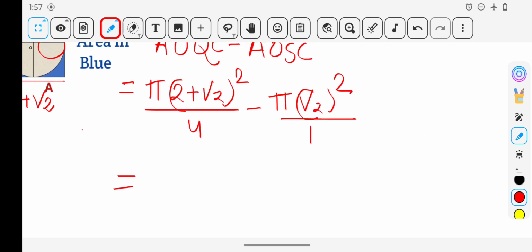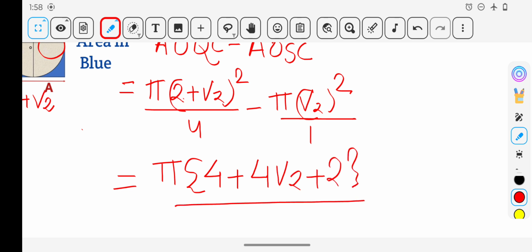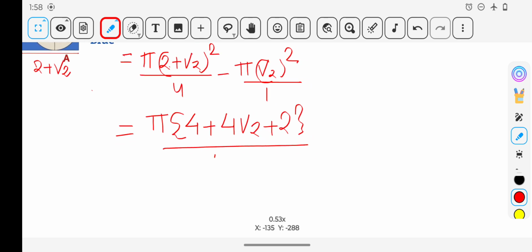So that equals pi times, using the a plus b whole square formula, a square is 2 square, which is 4, plus 2 times 2 times √2, that is 4√2, plus √2 square, which is 2, divided by 4, minus √2 square, which is 2 pi, divided by 1.